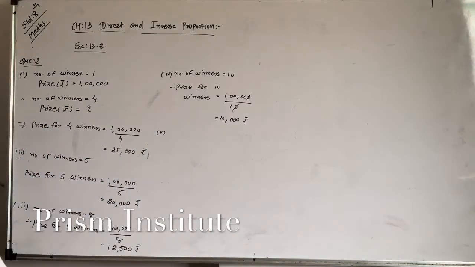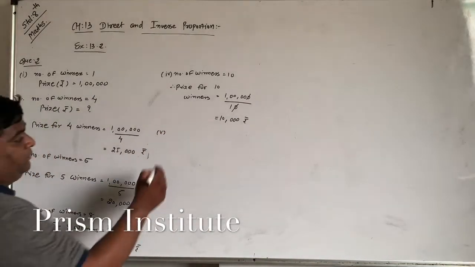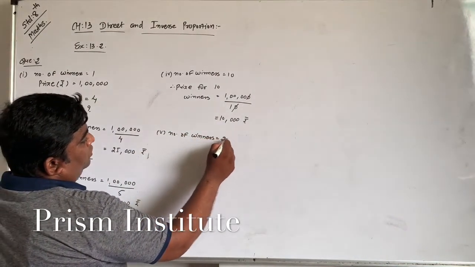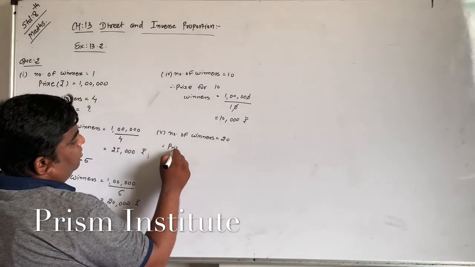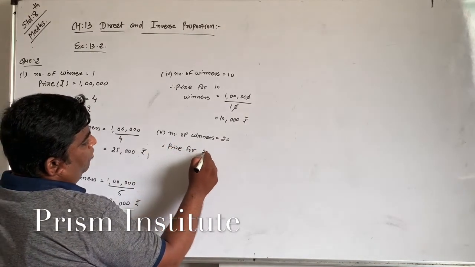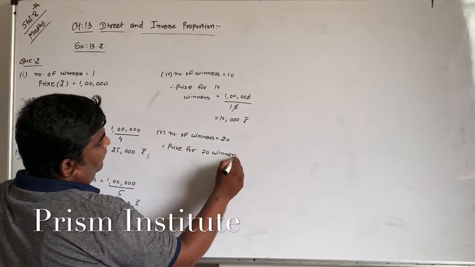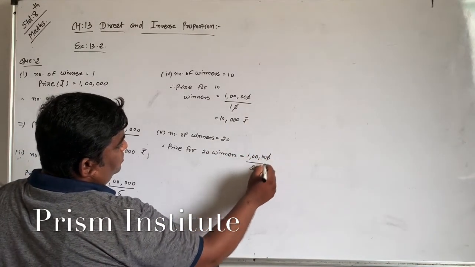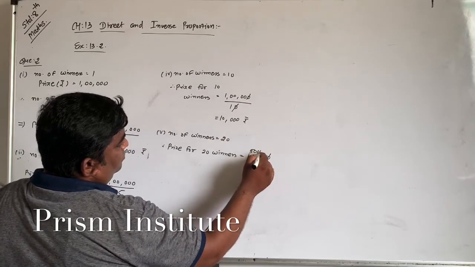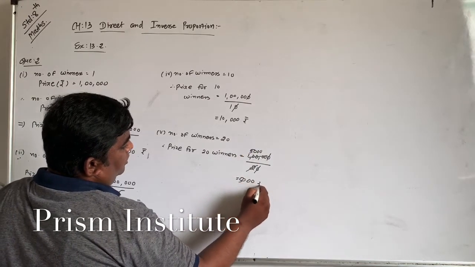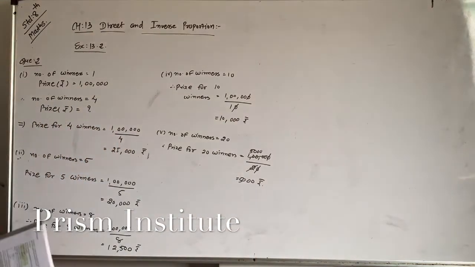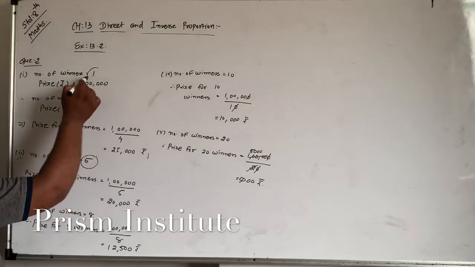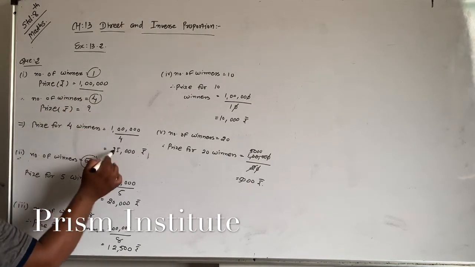Now next one, if the number of winners is 20, so number of winners equals 20. So prize for 20 winners equals 1 lakh divided by 20, 0 cancel, that is 5,000 rupees.